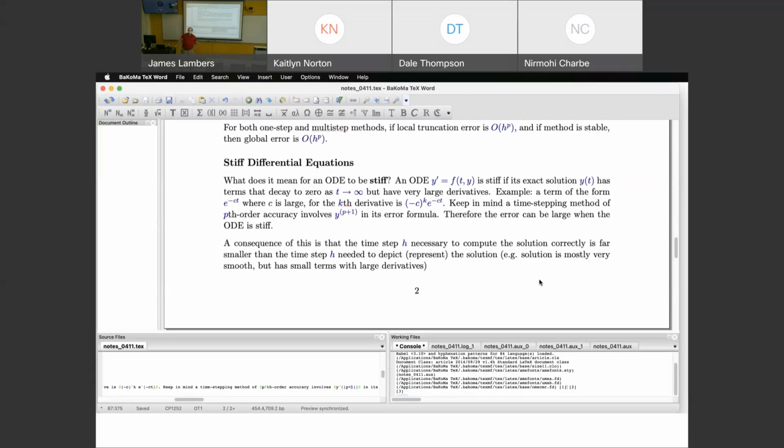You have a PDE that deals with spatial and temporal variables. You discretize the PDE in space only, and now you have a system of ODEs. Such systems are generally stiff. So this is a big problem.